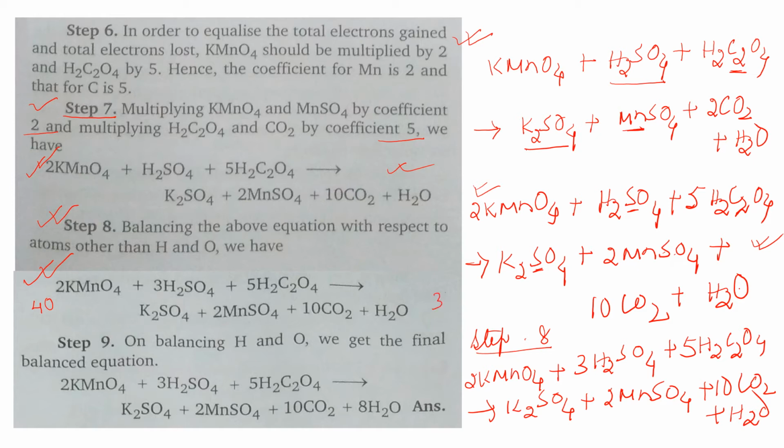This side is 33, that means 7 oxygen less. So what do I have to do? I have to add 7 H2O on the deficient side, so I have to add 7 H2O on the right hand side.